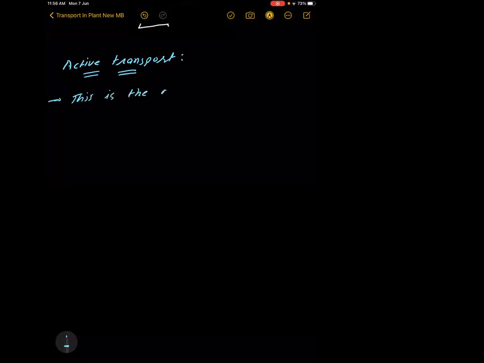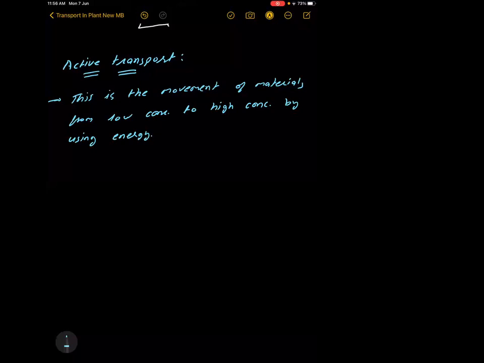This is the movement of materials or the molecules of materials from low concentration to high concentration by using ATP or energy.